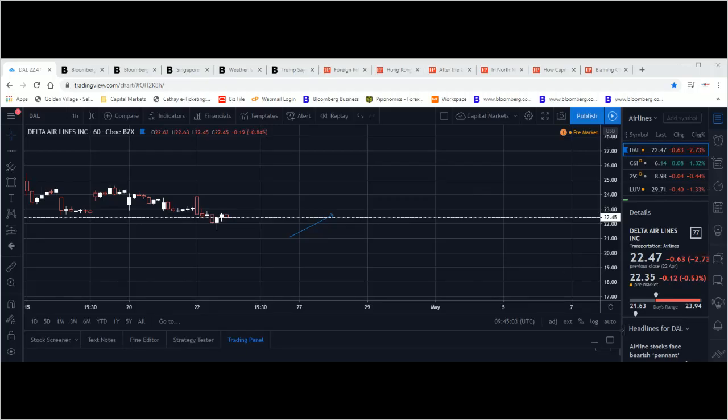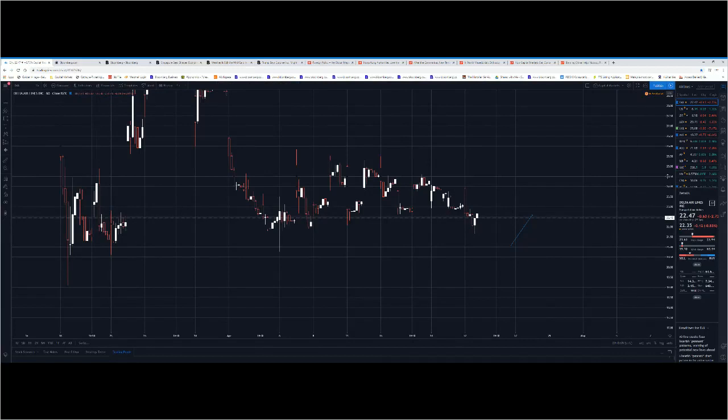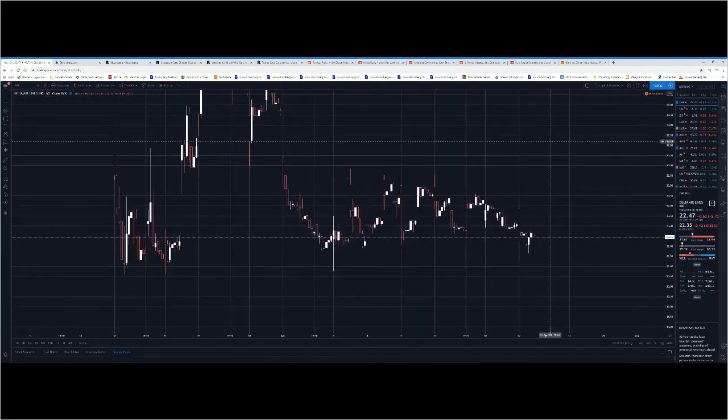Over here I have with me a chart. Now this is Delta Airlines. You can see I'm looking at a lot of stocks. If you know some of these stocks, it's good for you, but they're all airlines.